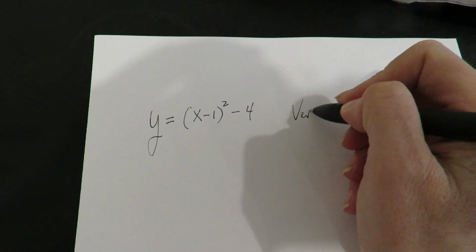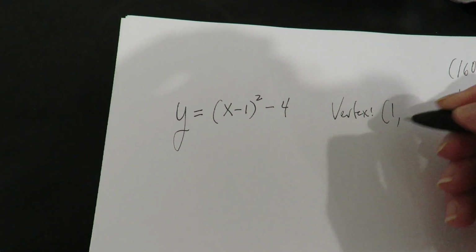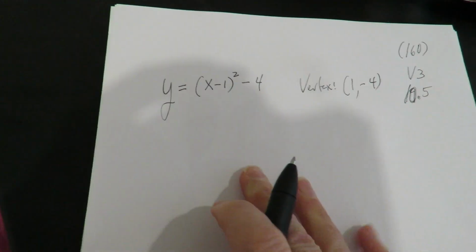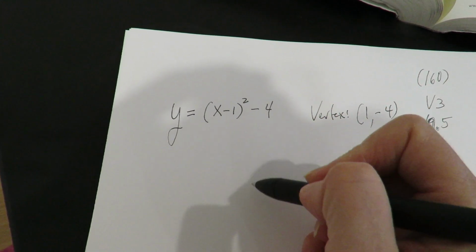So again, for the vertex, it's opposite of the inside, same as the outside. So the center of this graph is moved 1 unit to the right and then 4 units down.